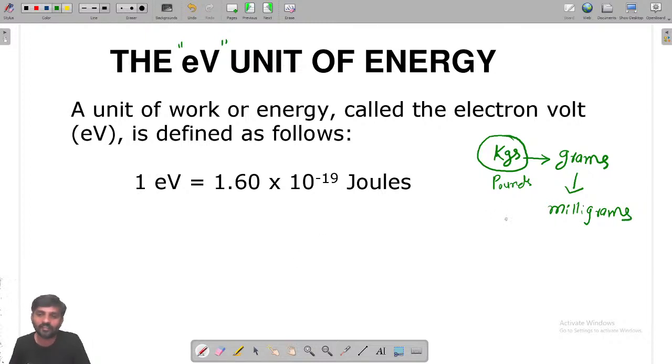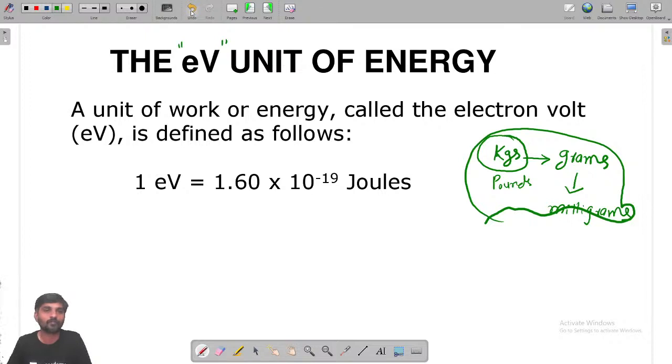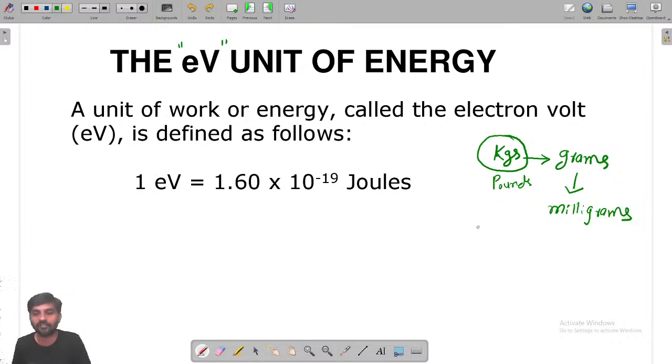All these are units for weight only. Similarly, for energy we have different units.